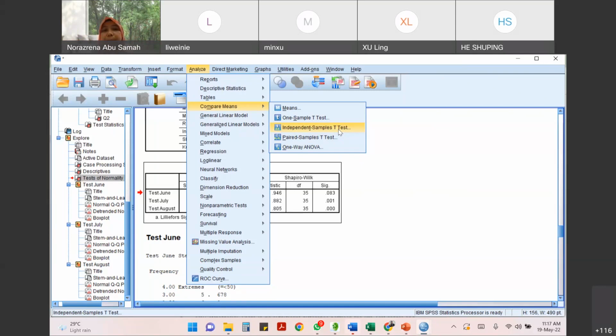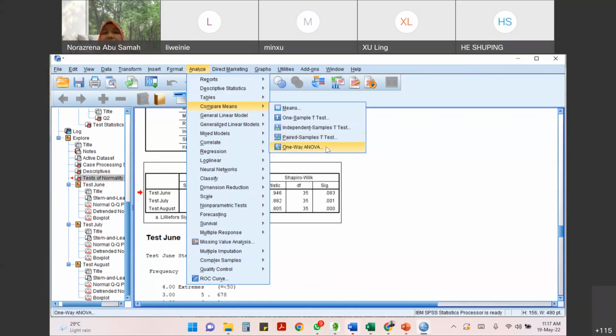And then the paired sample t-test means only one group, but you test them twice, for example pre-test and post-test towards the same sample. That is for the paired sample t-test.